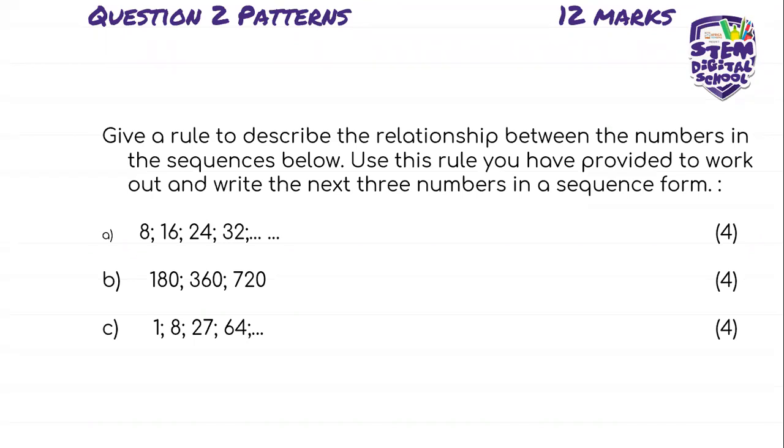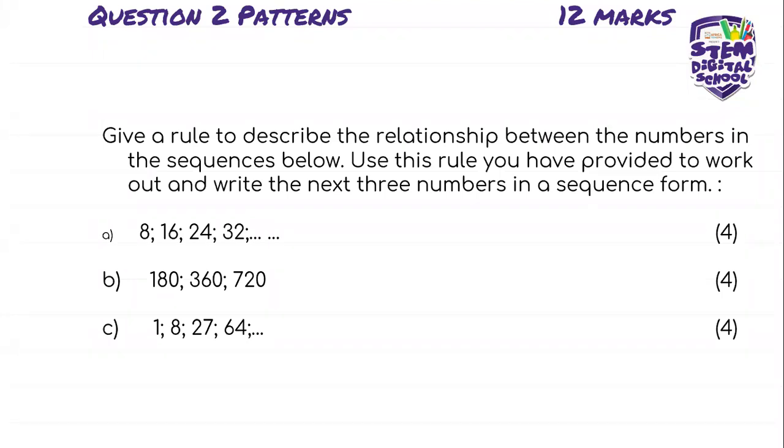Nosipho Pungula has already done B, and in B, Nosipho says the rule is to multiply the previous term by 2. I want to agree with you fully, Nosipho, that's correct. And to find the next 3 terms, once again, you multiply the previous term by 2. 720 times 2 gives you 1,440.